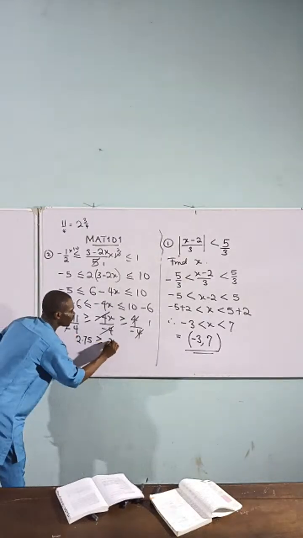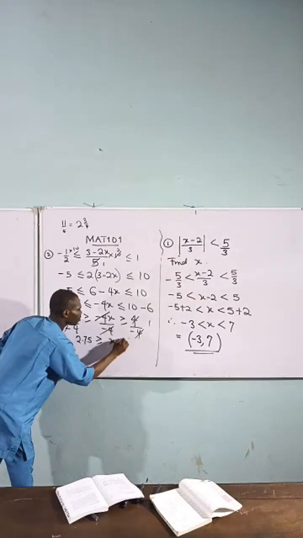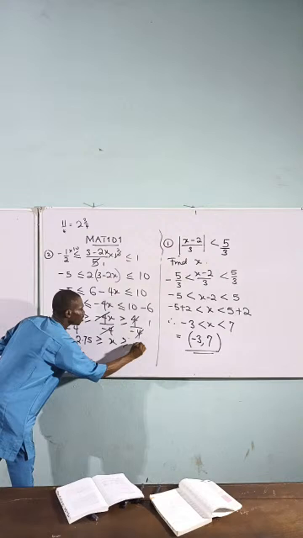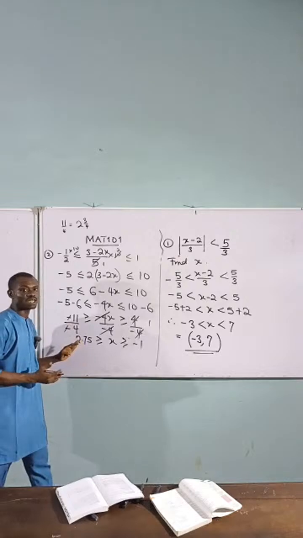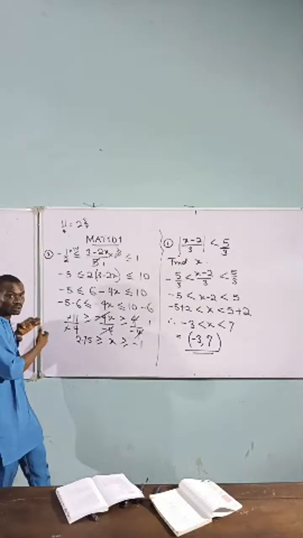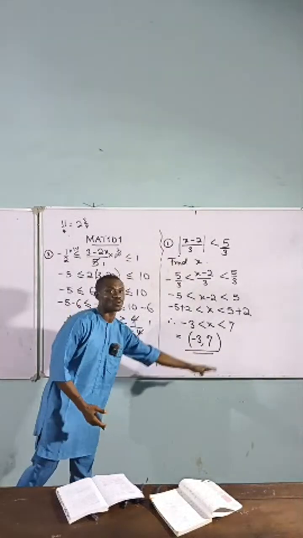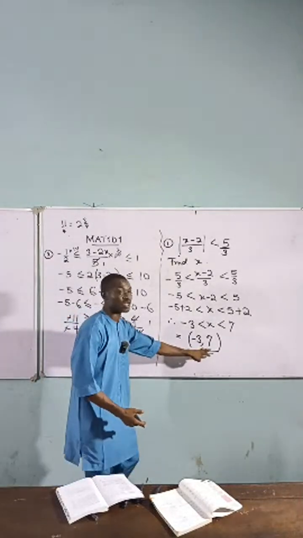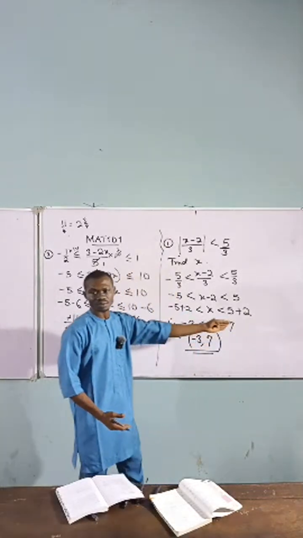So it's not a big deal. And then you have x, and here you have greater or equal to minus 1. Now, it will be good you turn this the other way, because whenever we are dealing with inequalities, it's always good you start from the lowest to the biggest, so that our brackets will work. Because these brackets actually mean starting from minus 3 down to 7.